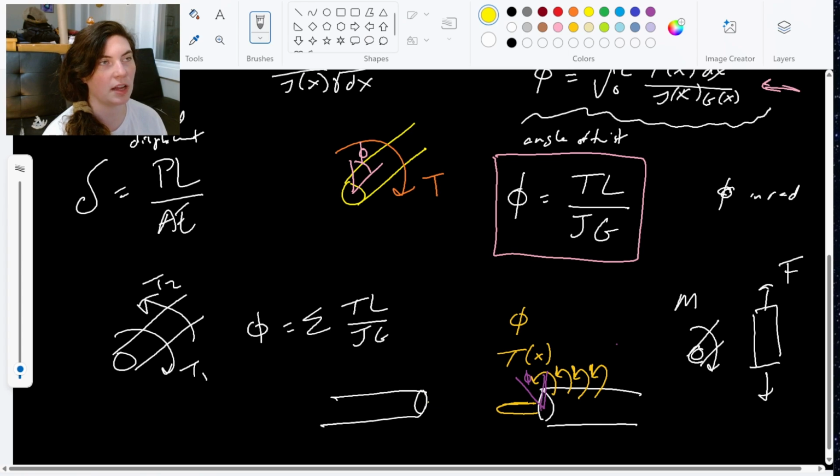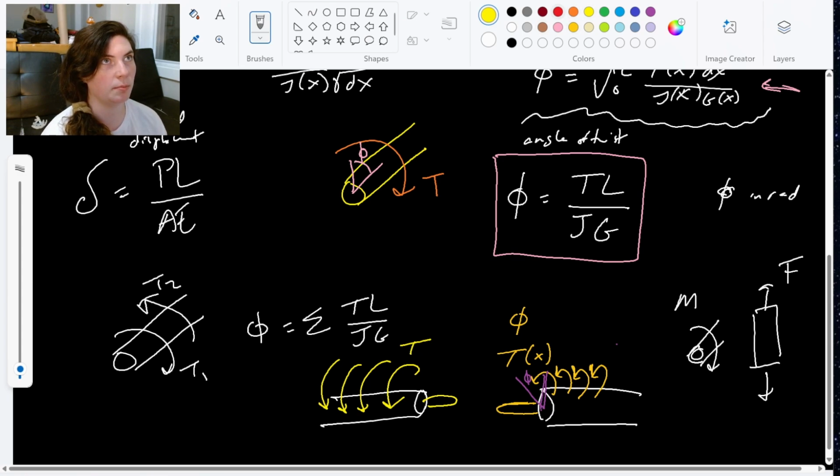And same with this other side. I would point my right hand thumb outwards, that's why we call it a right hand rule, in the direction outwards from that cut, wrap my fingers around, and this is the direction of the positive torque, right? All of these little guys represent my fingers. This is the direction of the positive torque.